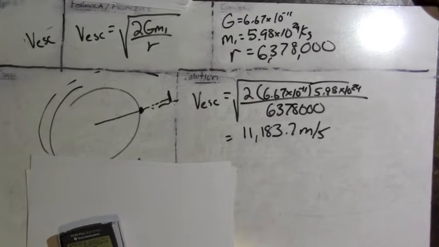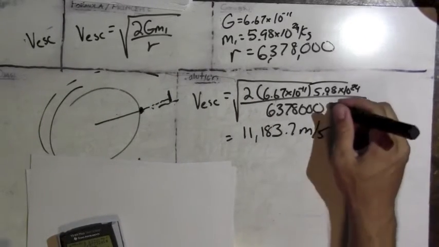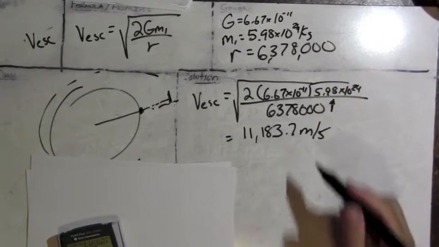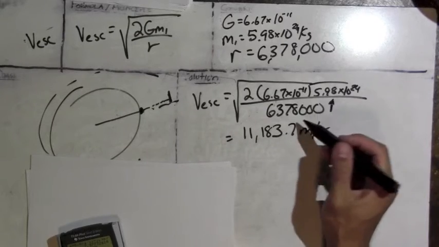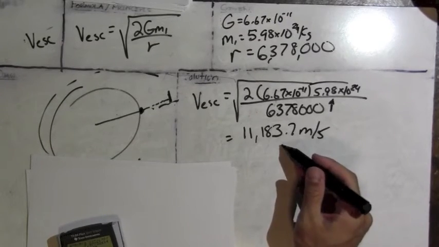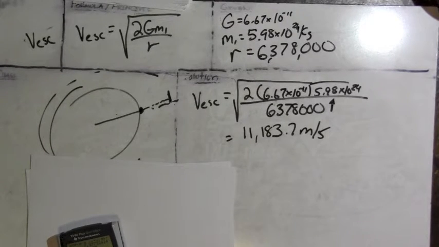When it reaches that final velocity, this distance term has increased quite a bit. It may have gone from 6,378,000 to maybe 6,478,000, but that has a significant impact and reduces the overall velocity that's necessary.